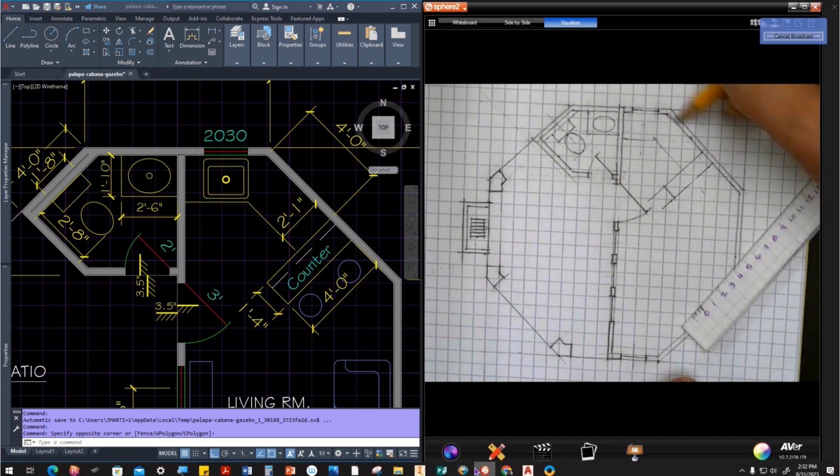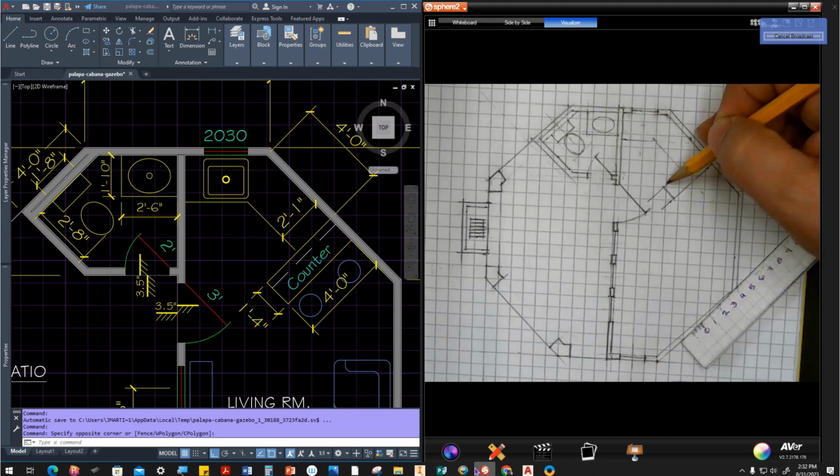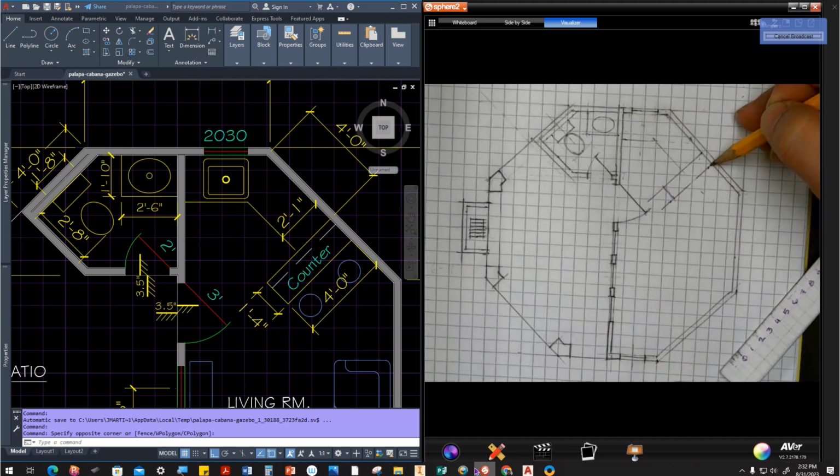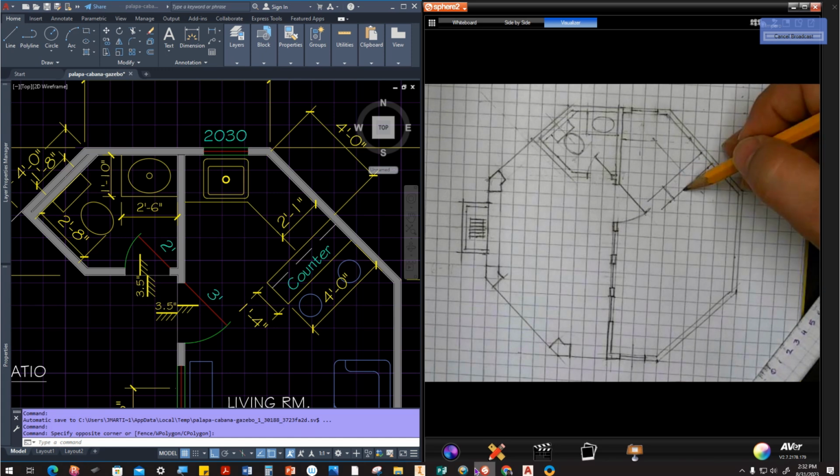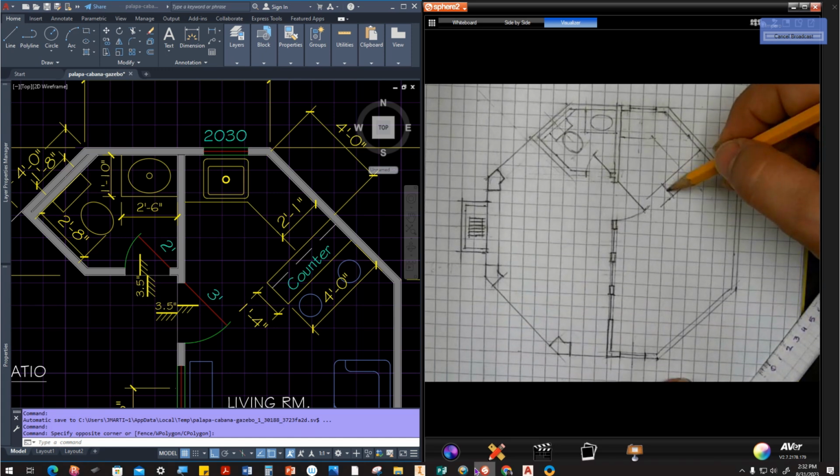Measure 4 feet, draw a 45-degree line, make a parallel line 1'4" away, and cap that gap.